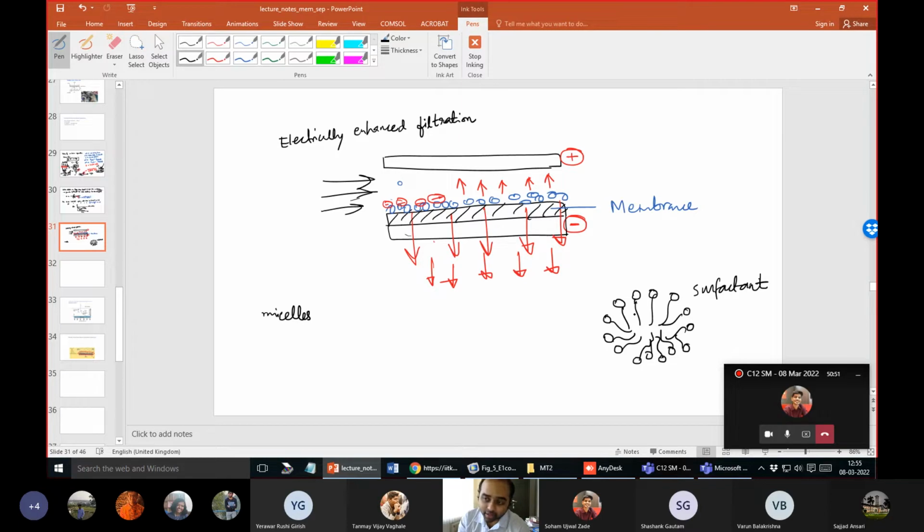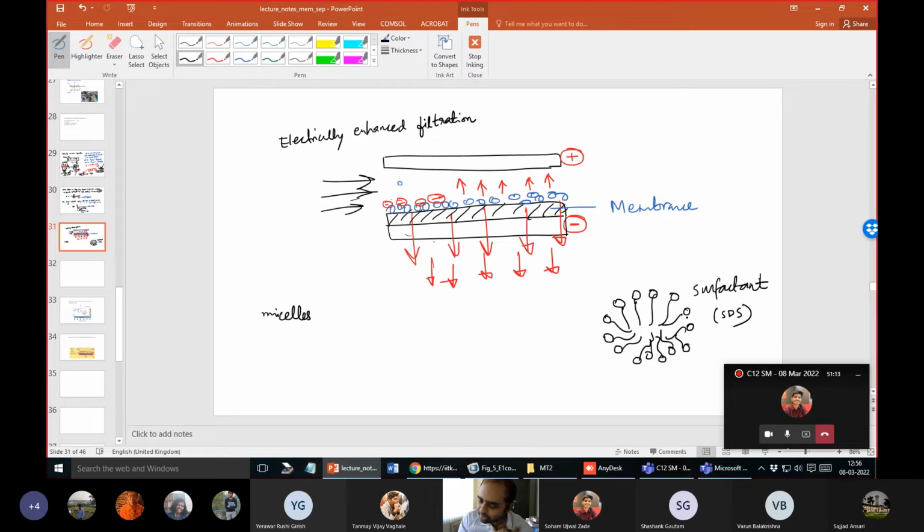Water is 0.3 nanometer, whereas this is almost 10 to 20 times higher, around 3 to 4. This is the size of the SDS, sodium dodecyl sulfate surfactant micelle. Even larger molecules can also have a large size.